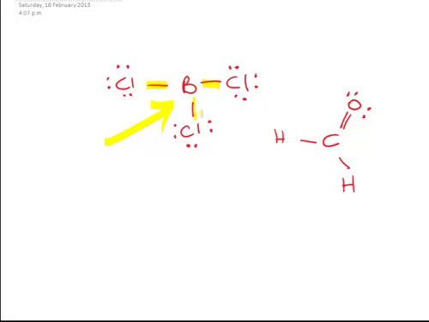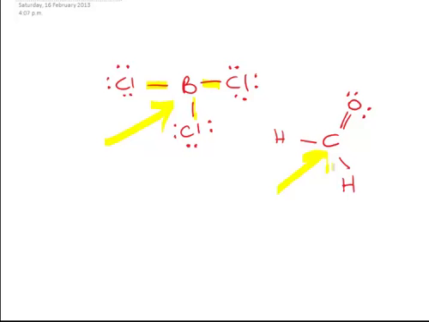It only has 6, and it's because of the size of boron that it can only fit 3 around it, so it's an exception to the octet rule. But in terms of shape, we're only interested in drawing the central atom and how the other atoms are arranged around it.